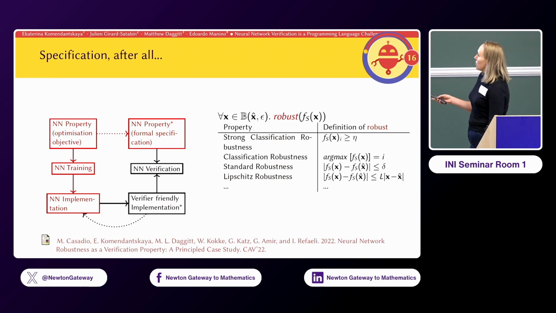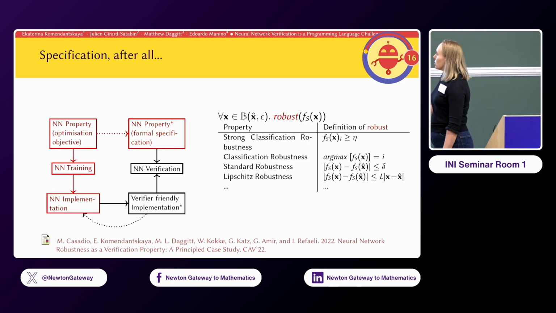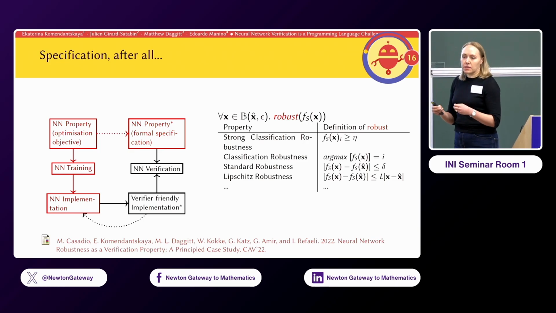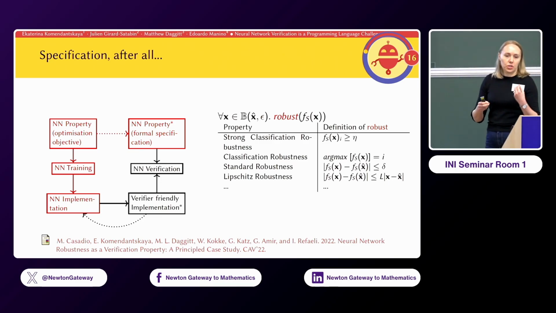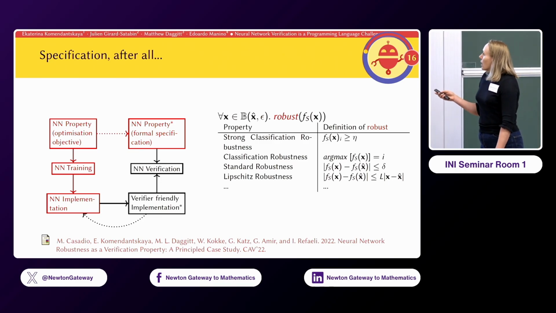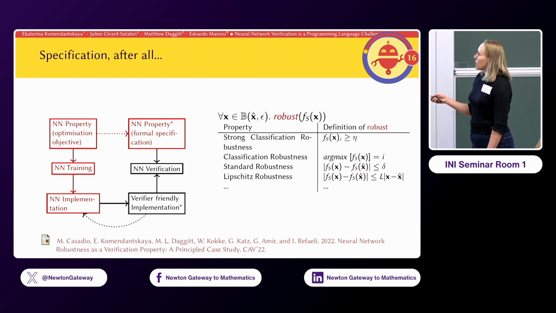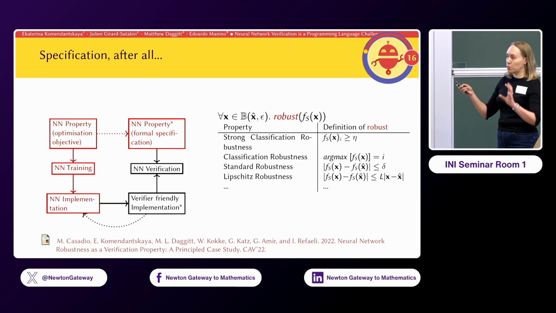You use data augmentation, you in fact optimize for classification robustness, but then that person got this neural network and verified it for standard robustness, for example. More importantly, we show that these different types of robustness are not interchangeable. If you optimize for one, you're not necessarily improving the other. So you actually need to know what you're doing. So this was kind of a problematic corner: lack of clarity as to what property is actually being propagated here, and lack of any formal connection between the optimization property and the verification property.